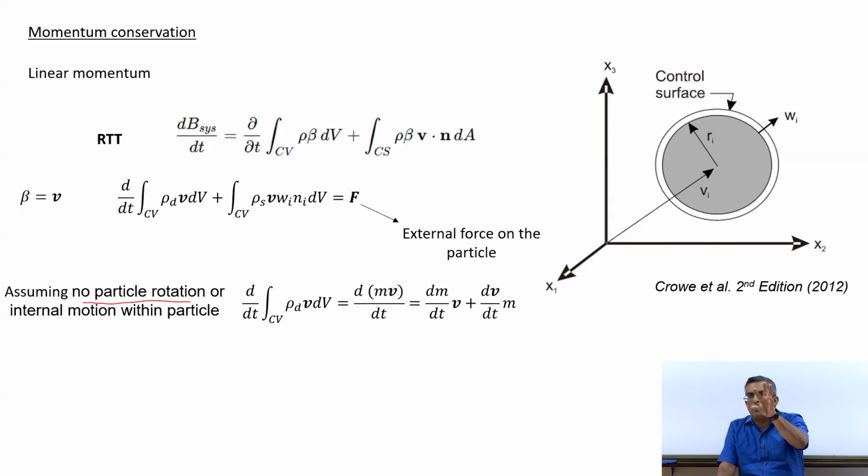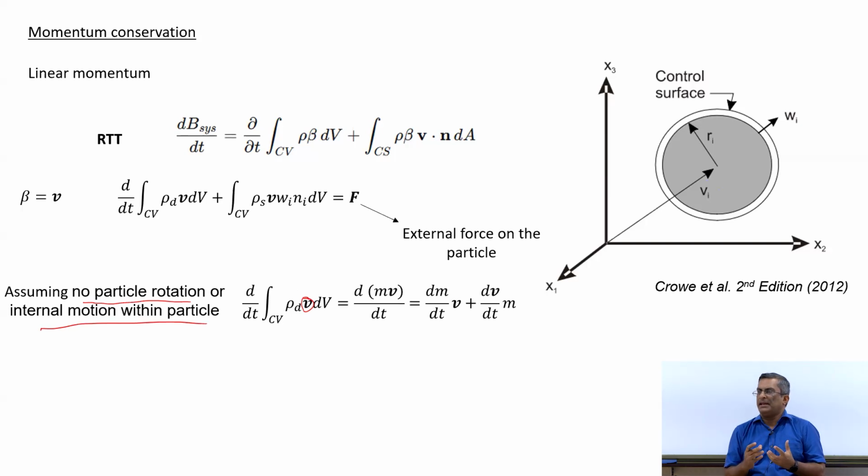Although all points in a particle move at the same translating velocity, there is a rotational component also, which is different for different points within the particle. That is why we are assuming no particle rotation. That is the reason why we could treat this term as constant. And also there is no internal motion within the particle.